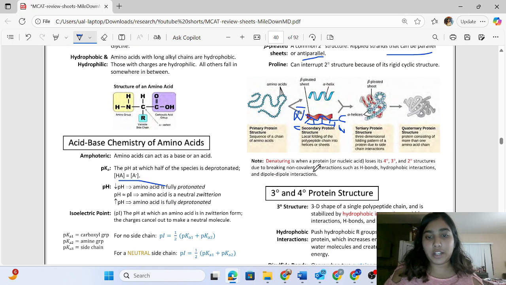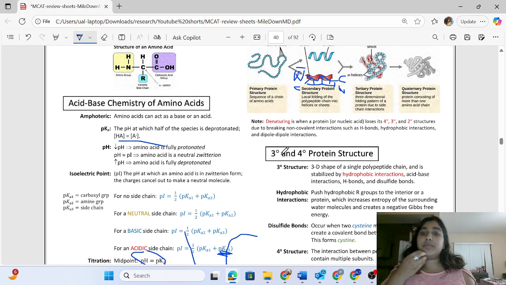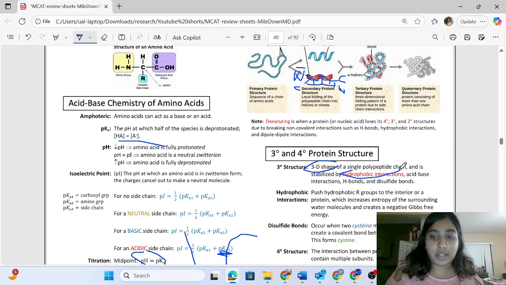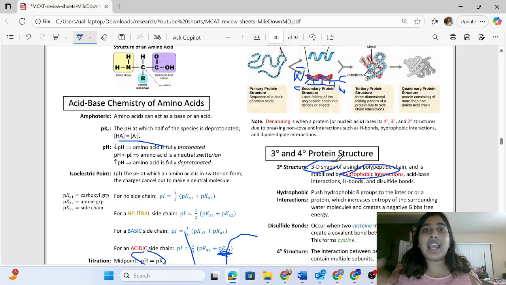I'll come back to denaturing later. So tertiary structure is giving a 3D shape to your protein. It's made up of the same type of protein, shaped in a 3D structure because of the hydrophobic interactions. The hydrophobic effect means that whichever part is hydrophobic does not like water, because phobic means hating water, right? If you're hydrophobic, you will hate water.